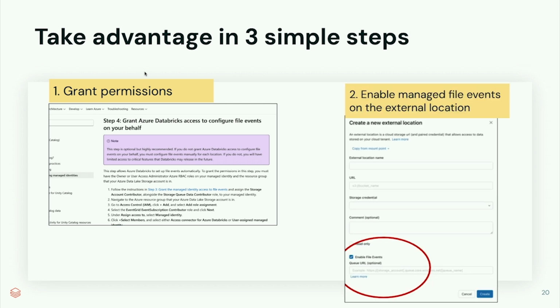Once you give us the permission, we have to enable the file events for this external location. It's just as simple as clicking a checkbox in your external location UI whenever you create the external location, and you can also enable it later once it is created.